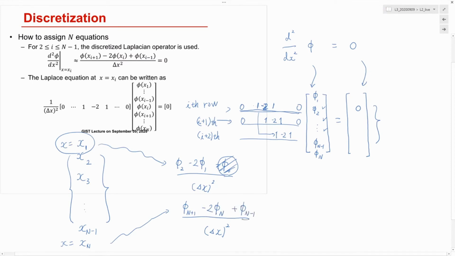The other terms are accessible; however, we have no idea what the value of phi n plus 1 is. It is not defined at all. So at these two points, x1 and xn, the Laplace equation cannot be applied. Then how can we proceed?